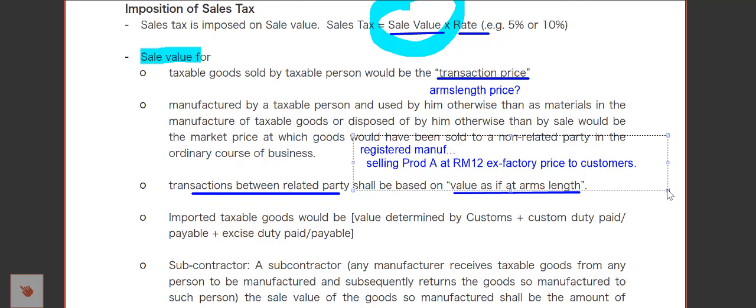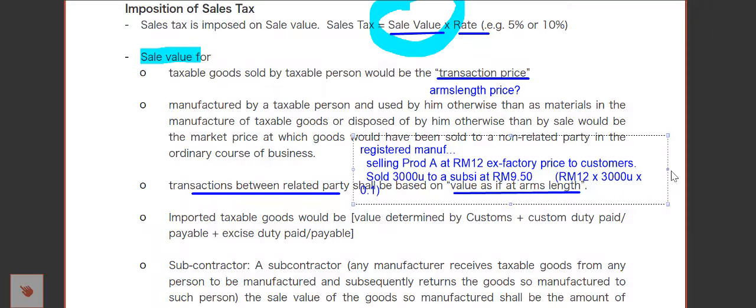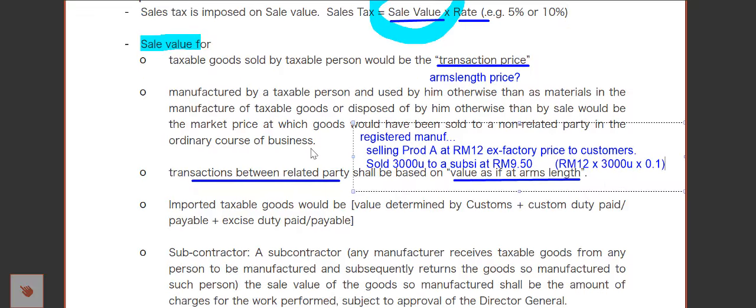All right, now, and they sold 3,000 unit to a sub-C at 950, let's say. So how much will the sales tax be, assuming if you're going to use 10% as your sales tax rate? Now you're going to take 12 ringgit times 3,000 times 10%. Understand? So you have to use 12 ringgit and not 950 because this is a related party.